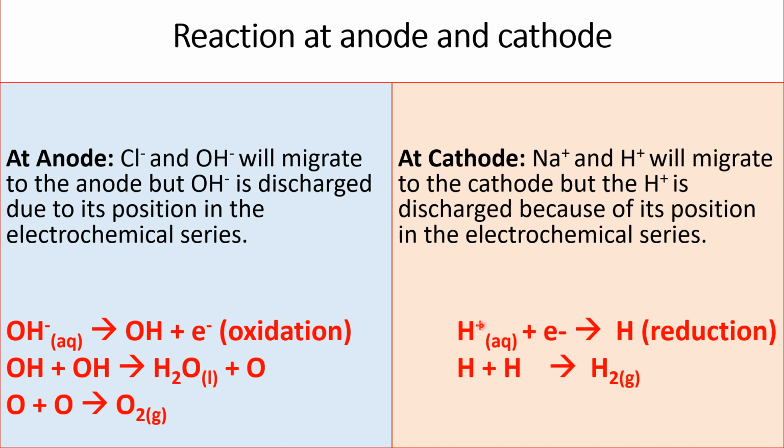So hydrogen ion will gain one electron to form a neutral hydrogen atom, and hydrogen can never be written as ordinary H in any chemical reaction. So two neutral hydrogen atoms will pair up together to form hydrogen gas. So at the cathode, hydrogen ion is discharged, but hydrogen gas is liberated.